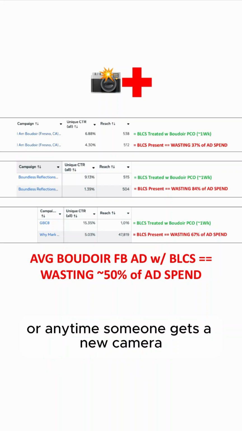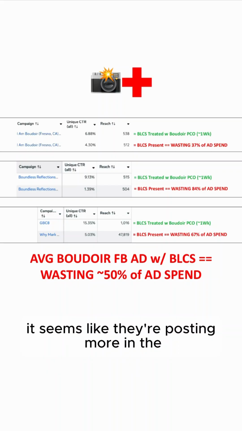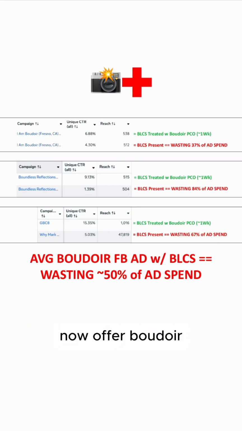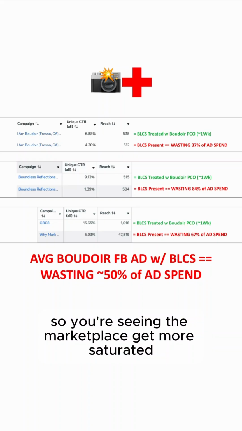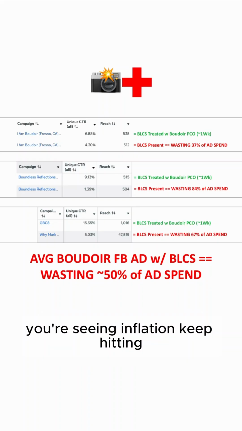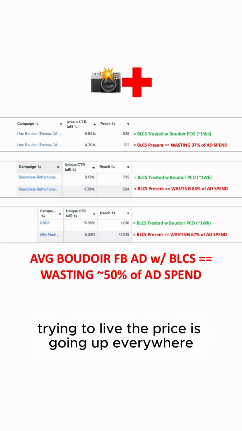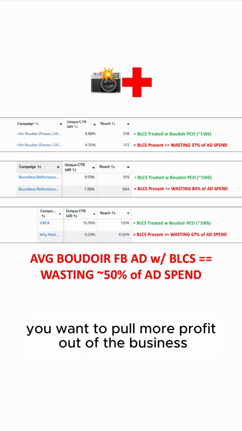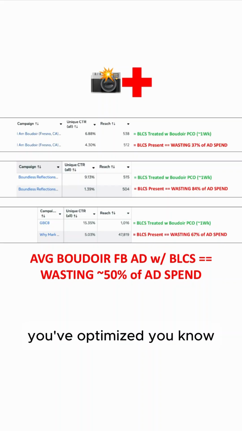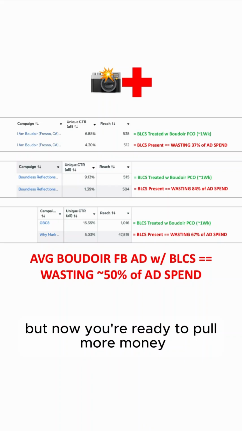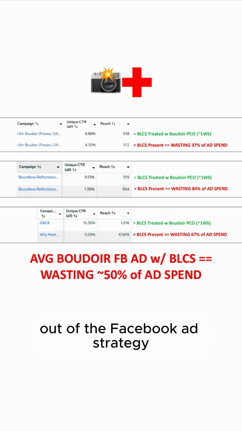Or anytime someone gets a new camera, it seems like they're posting more in the mom groups about how they now offer Boudoir. So you're seeing the marketplace get more saturated, and you're seeing inflation keep hitting, prices going up everywhere, and so you decide you want to pull more profit out of the business. You've optimized other places in the business, but now you're ready to pull more money out of the Facebook ad strategy.